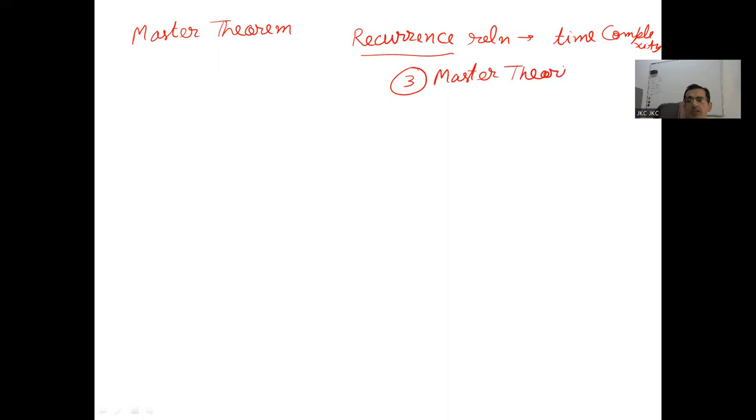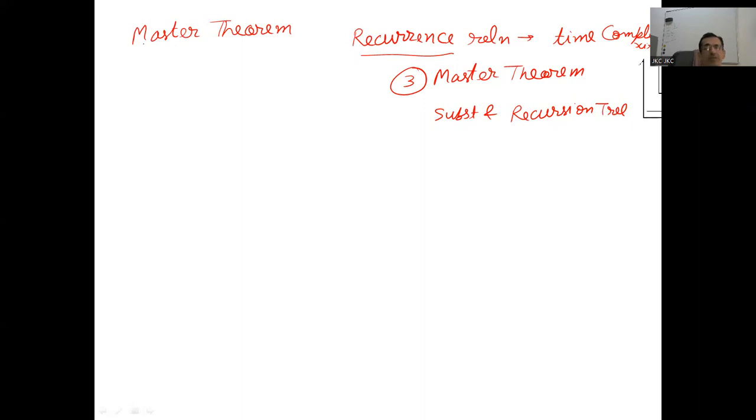So today we are going to see, we have already discussed the substitution method, and we have also discussed the recursion tree method. These were the first and second methods. And today we are going to see the master theorem.